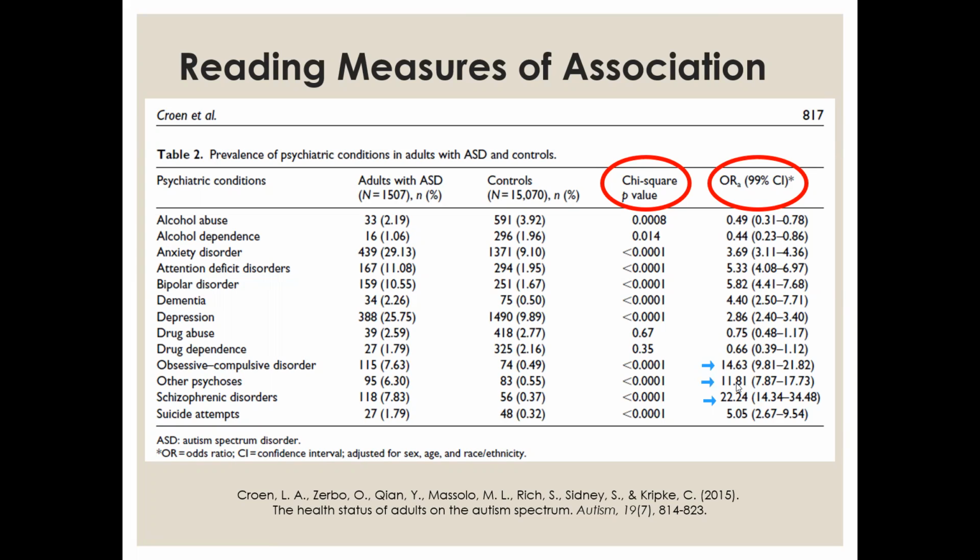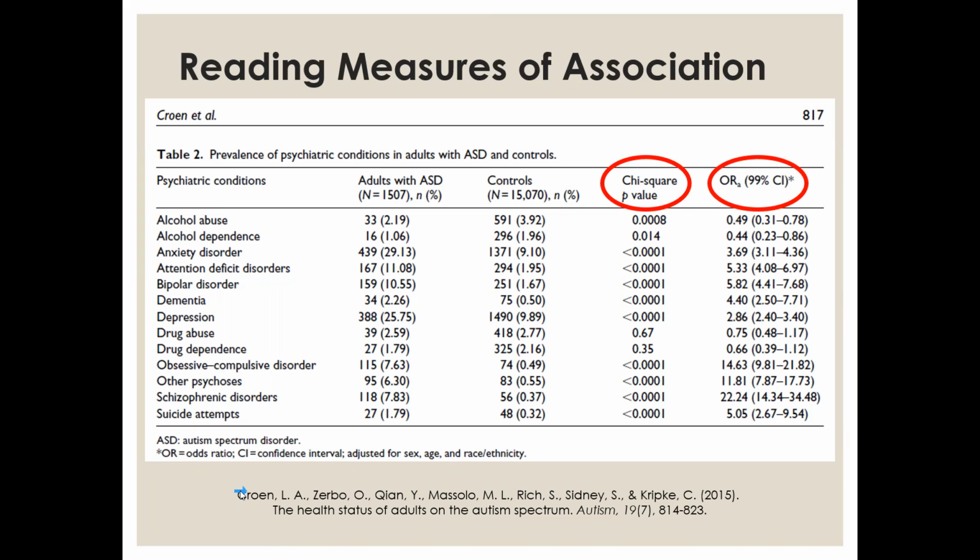You're 22.24 times as likely, or at odds, to have schizophrenic disorders, right? Think about that. It's really important that we understand how these things occur.